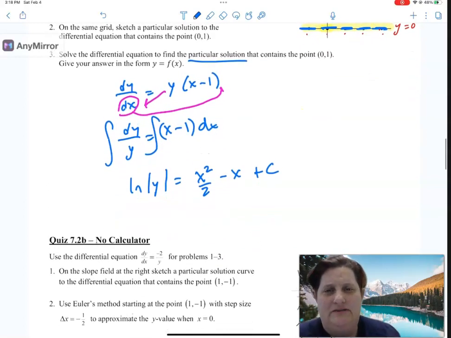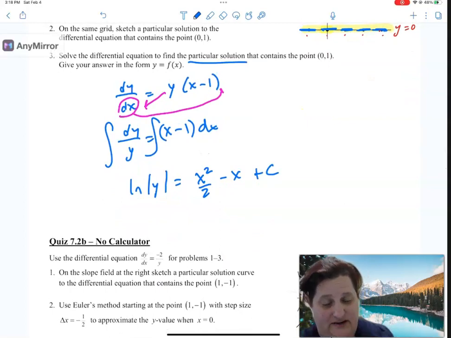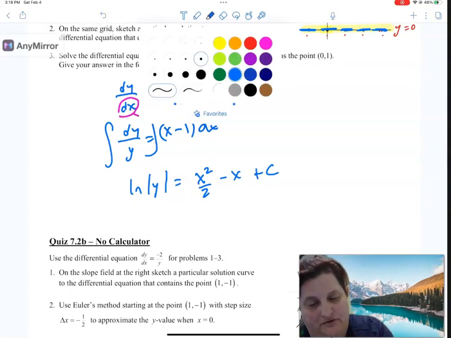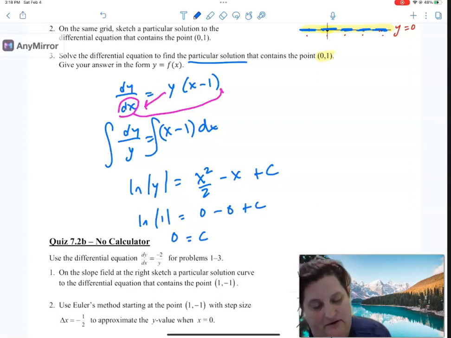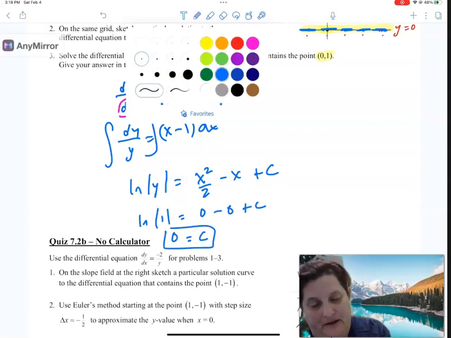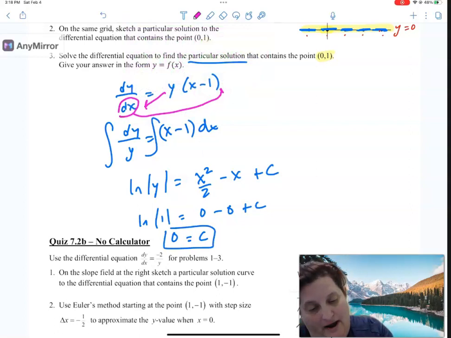Okay? Now, I was telling you guys, you could actually find c right here instead of moving on. I think I'm going to do it on this one just to show you. Okay, so check out the point 0, 1. ln of 1 is 0 squared over 2 minus 0 plus c. Well, in this case, the ln of 1 is 0, so c is 0. Okay? So right now, this is my equation.